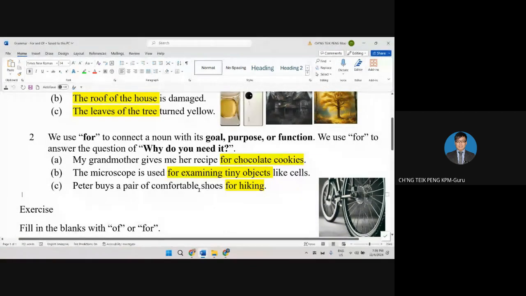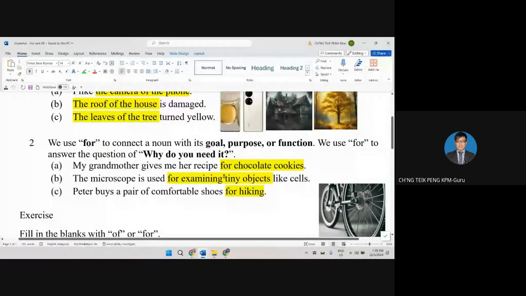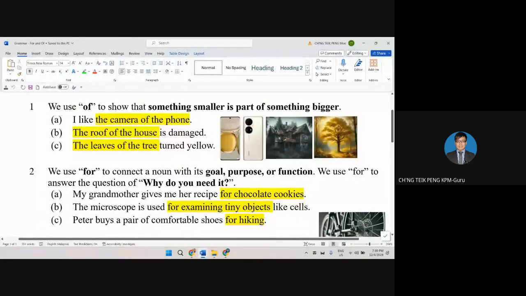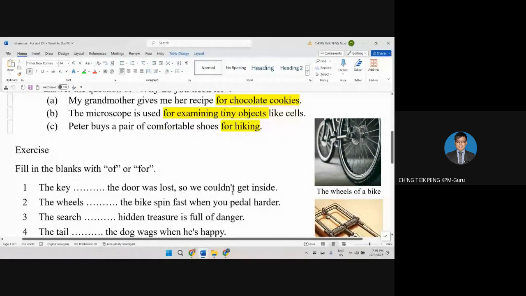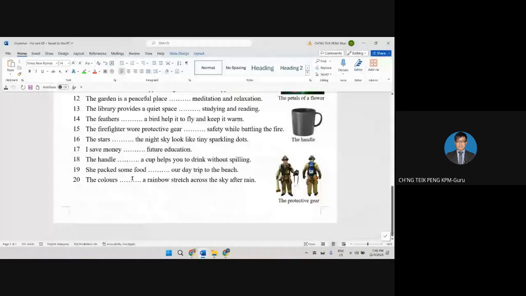So we use of to show that something smaller is part of something bigger. We use for to talk about goal, purpose, or function. Any problem? Does anyone not understand? Listening it sounds simple, but when you read, you have to understand the relationships between words, so it's a bit harder.